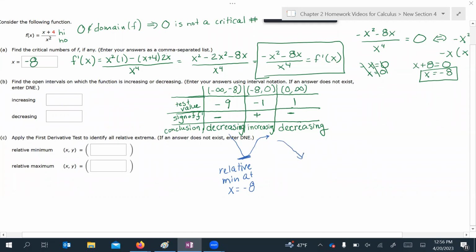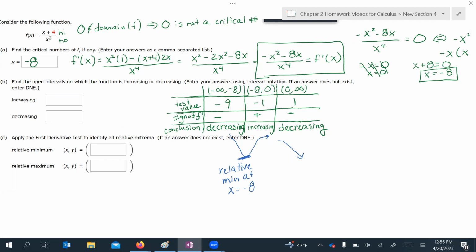So you might say, well, there should be a relative max at x equals 0. However, because it's where the denominator of the function equals 0 and the function is not defined at 0, what we know from previous math classes from algebra is that at x equals 0, you're going to have a vertical asymptote.